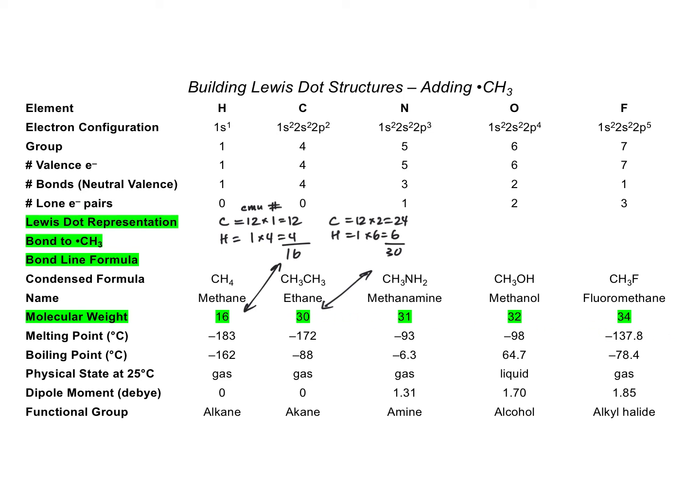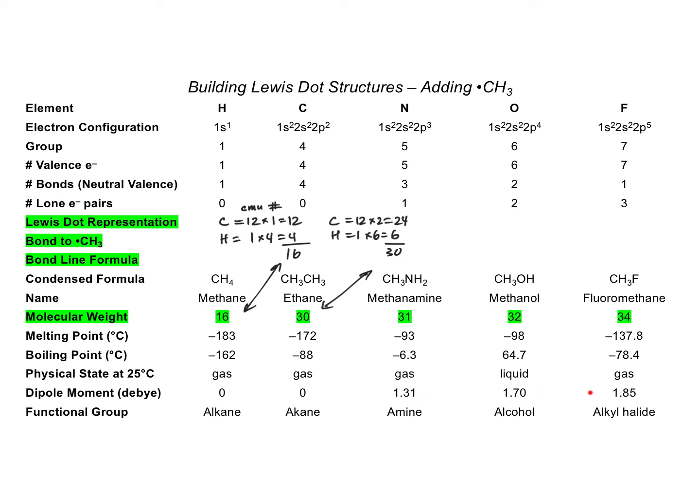So when we describe how structure and functional groups affect physical properties such as melting point, boiling point, physical state, using the molecular weight of the molecule is really not a good explanation. You have to look at the other intrinsic things in the molecule as we just did, such as the dipole moment.